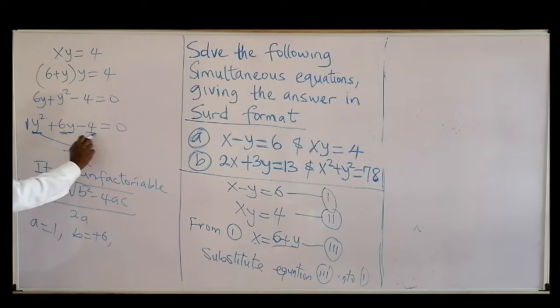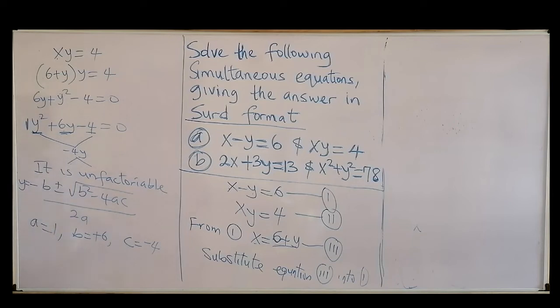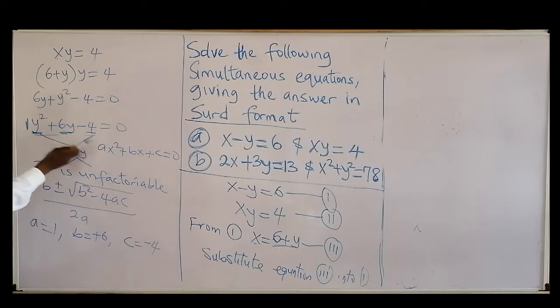And the constant term, called c, is minus 4. We correspond this given quadratic equation to the standard form ax squared plus bx plus c equals 0. We just correlate the two together, so we are able to determine a, b, and c.